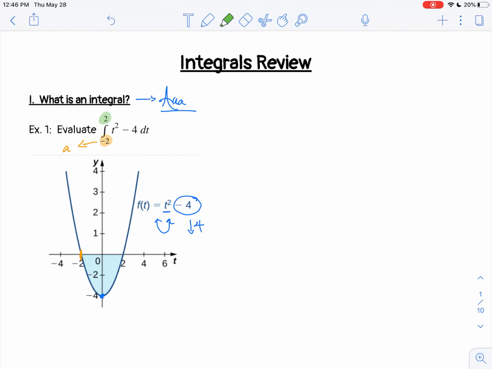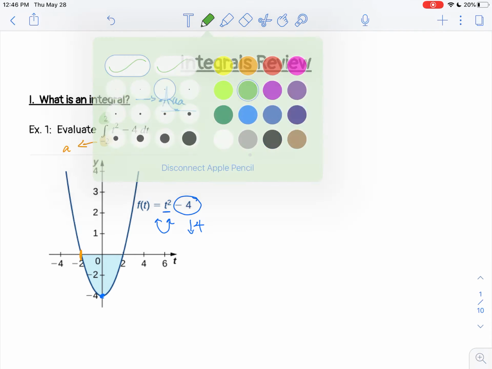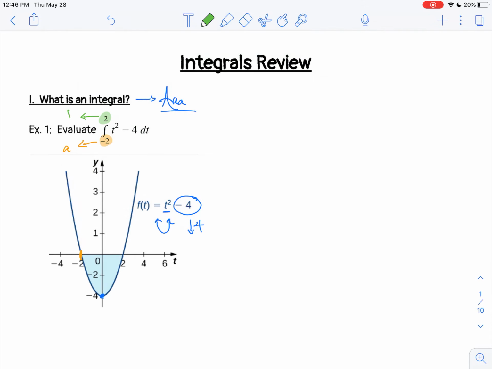This 2 up here, we often refer to as our B value, or our top bound, and that tells us where to stop. So in this case, we're stopping at an x value, or t value, of 2. Okay, so we have our lower bound of -2, our upper bound of +2.